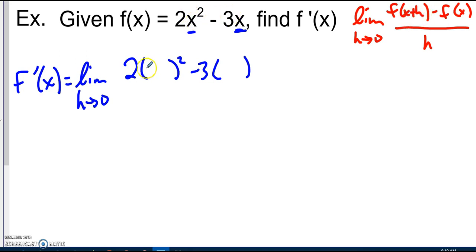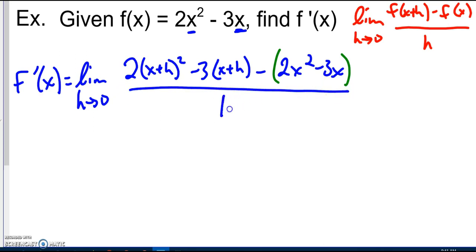The quantity x plus h. And then I subtract my original function. Well, that's my original function. But extremely important here that we put parentheses around that function. And it's all over h.